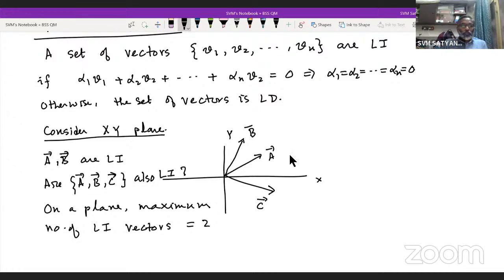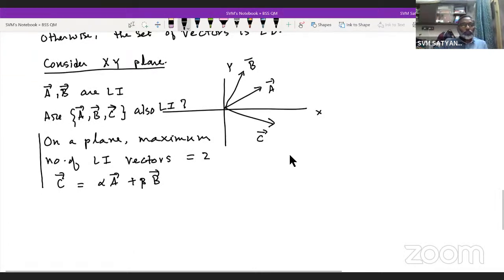For example, C can be written as some alpha times A plus some beta times B. So C depends on A and B. So when you take three of them, they are not linearly independent. Two of them, yes. So there is a concept called the maximal set of linearly independent vectors.